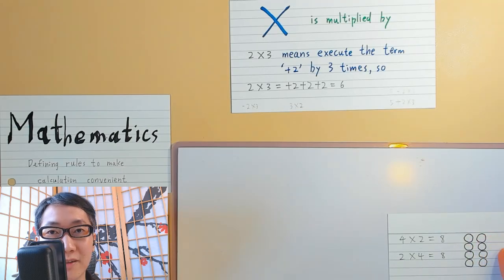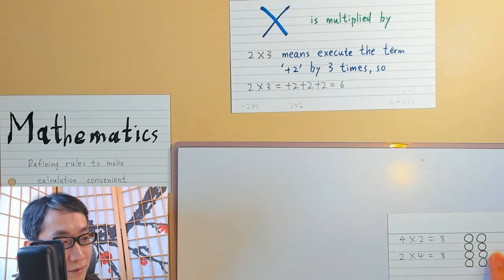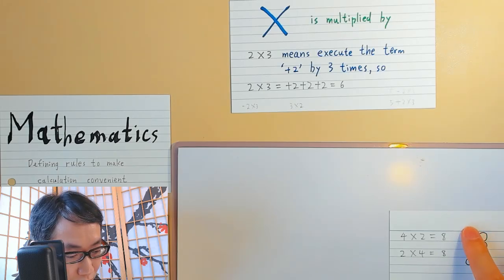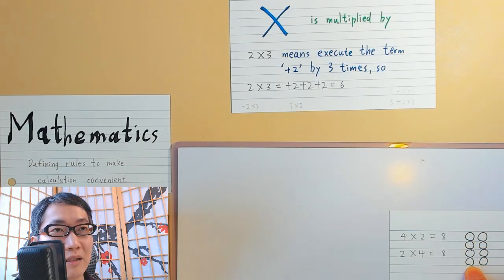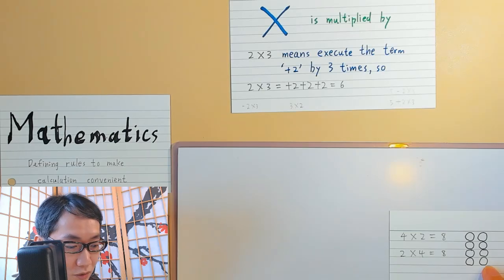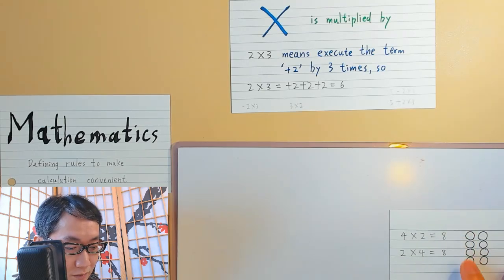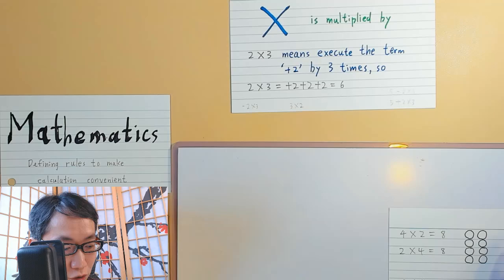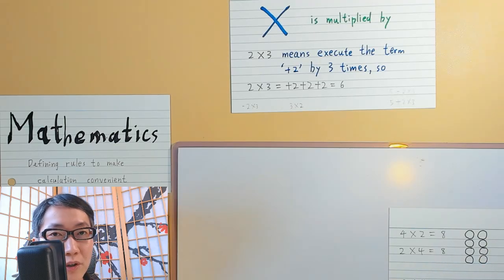Then I'll get 8 seats. Or alternatively, you can say there are 2 columns. Each column contains 4 seats. So I do column 1 with 4 seats, and then I multiply it by 2. So then I'll get 8 seats again. So it's also like an area. Find the area of this: 2 times 4, 4 times 2, right? So because of dimensions, the order of executing multiplication doesn't matter.